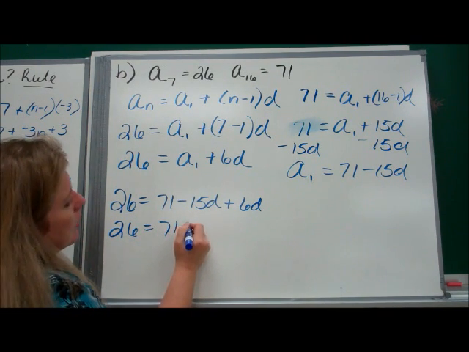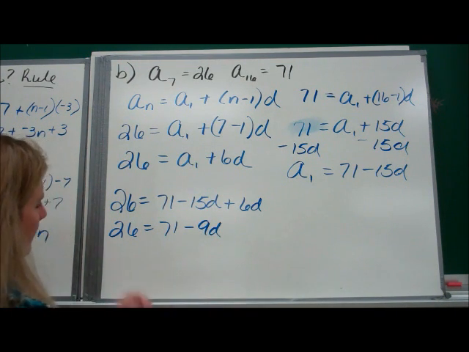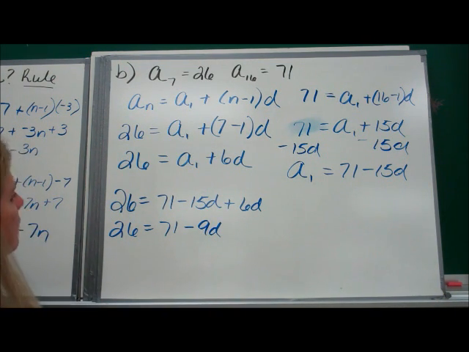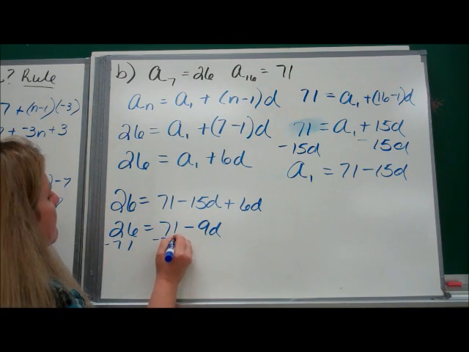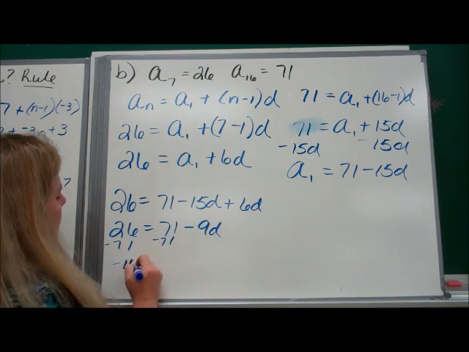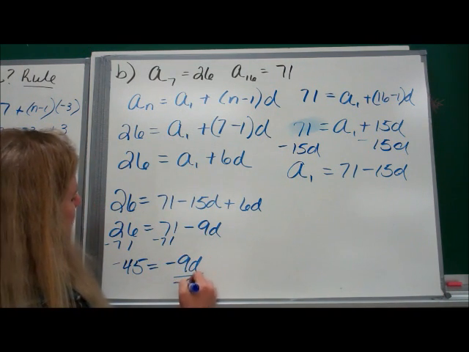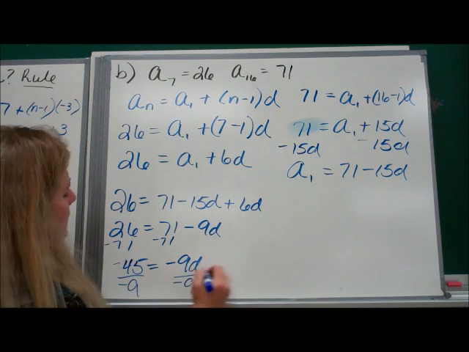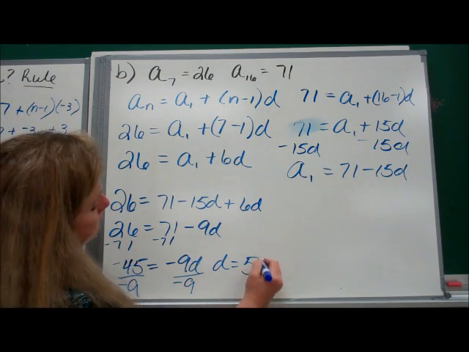26 equals 71 minus 9d. Subtract 71 from both sides. Negative 45 equals negative 9d. Divide by negative 9: d equals 5.